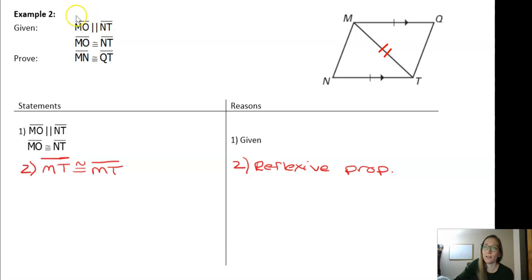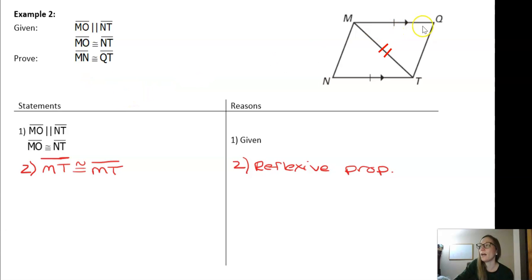So let's go back to the given. We have MO is parallel to NT. So if MO is parallel to NT, then I'm going to go to my parallel lines reasons. With parallel lines, let's look for alternate interior angles because those are the easiest ones to see, and those are the most common ones you're going to see with congruent triangles. And we can see here that MQ, it's actually a Q, I call it an O sometimes and a Q sometimes.